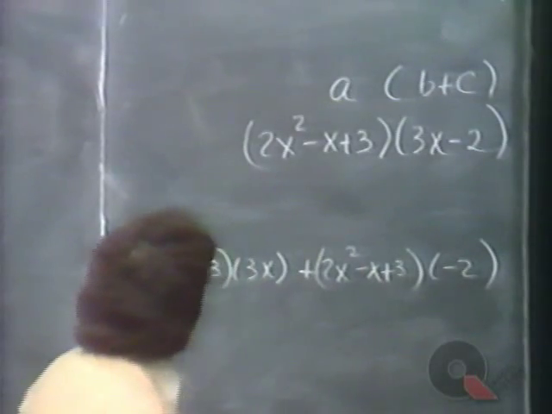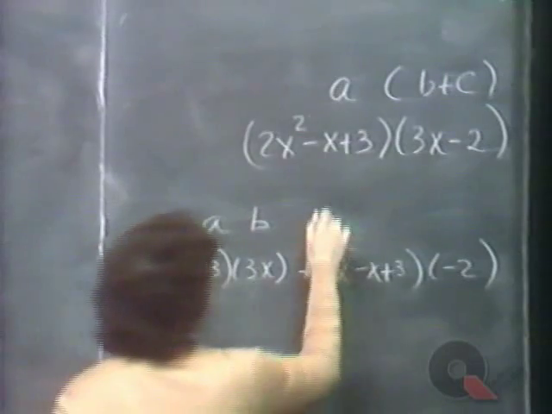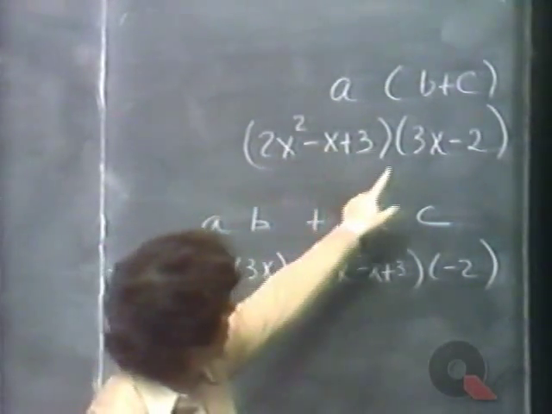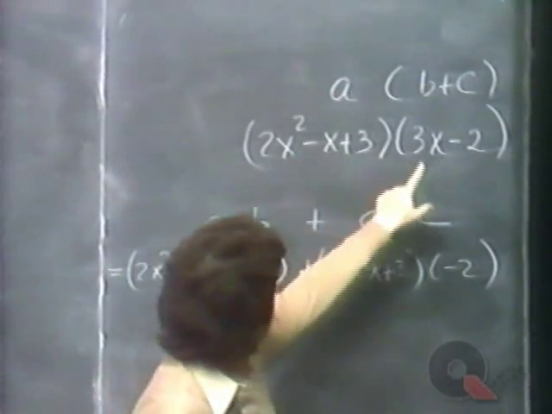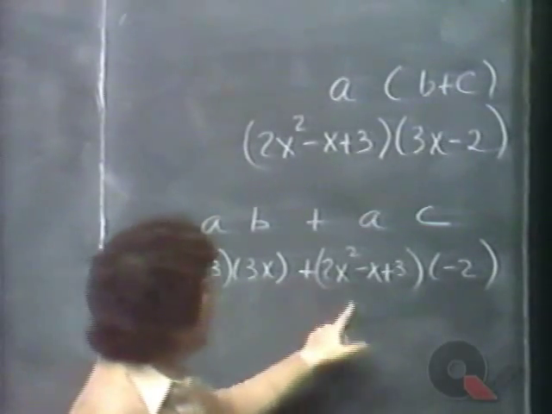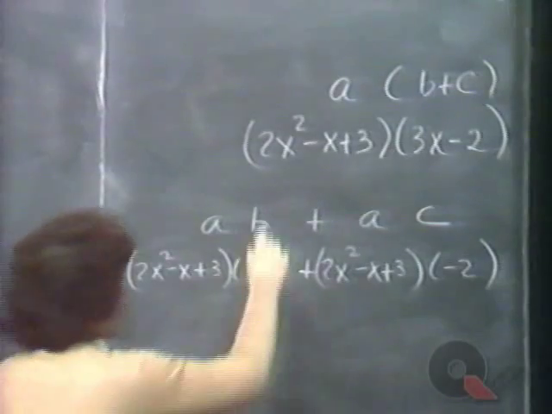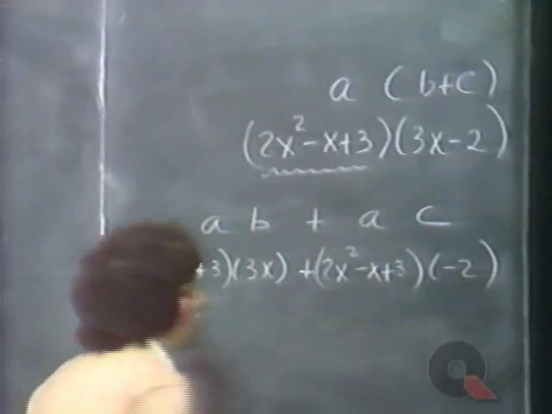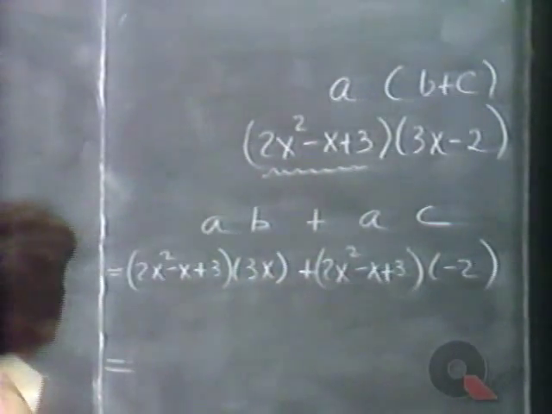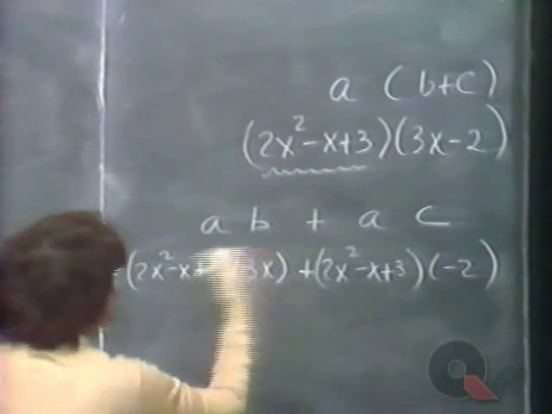In other words, I'm writing this as AB plus AC. A times B plus C. It's A times B, 2x squared minus x plus 3 times the 3x, plus A times C. The whole trick is to think of this entire first polynomial as one quantity, one group, to be distributed through the parentheses. Now we're going to once again use the distributive law going the reverse way.